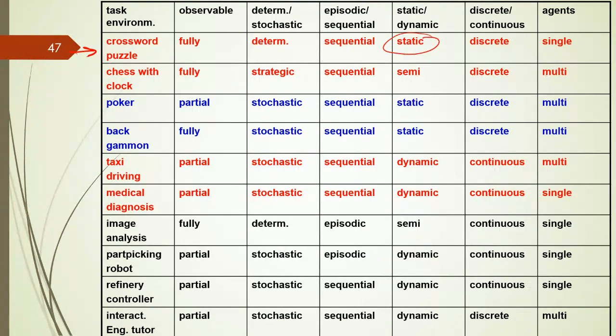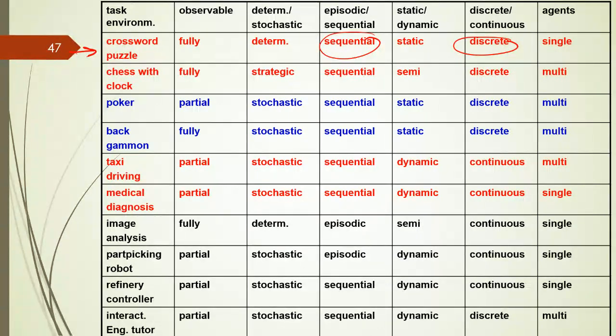The environment is static. It's not changing. Discrete or continuous, it's discrete. It might be confusing between episodic and discrete. In episodic versus sequential, sequential means your decision will affect your future decisions as well.